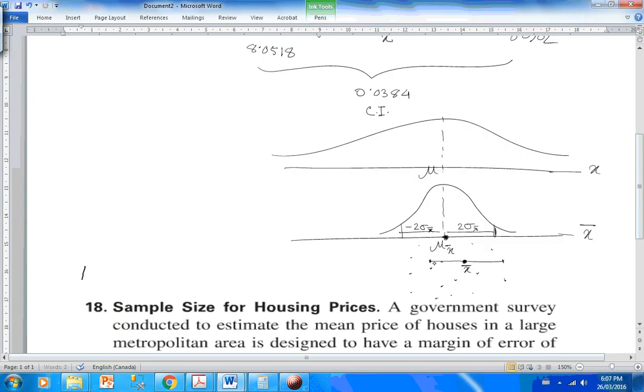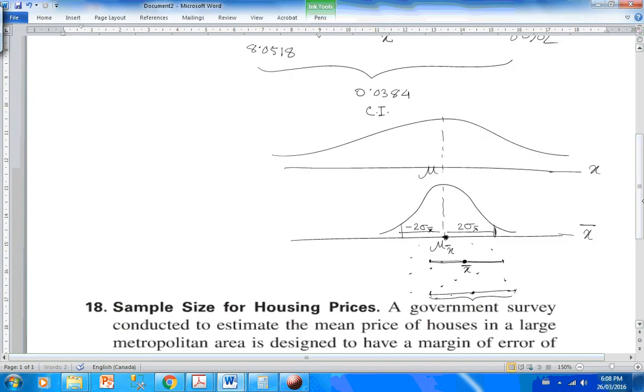And therefore, as 95% of these x bars with their intervals would contain the truth, we are 95% sure that if we randomly pick any of these thousands of x bars, there's a 95% chance it contains the true population mean within its plus minus margin of error, i.e. within its confidence interval.